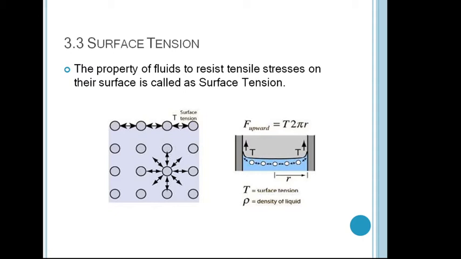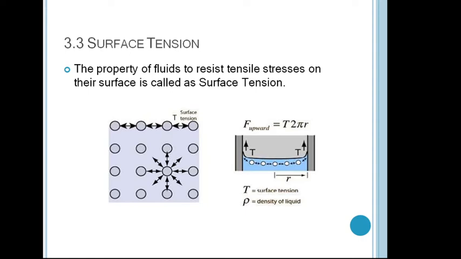As it is completely immersed in the fluid, you can see the balanced forces around it. There is no unbalanced force acting on that fluid element, but that is not the case with these four elements which are in contact with the air. So this surface layer experiences a downward surface tension force. Just remember these two cases.